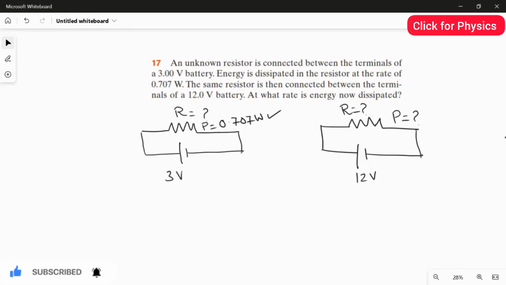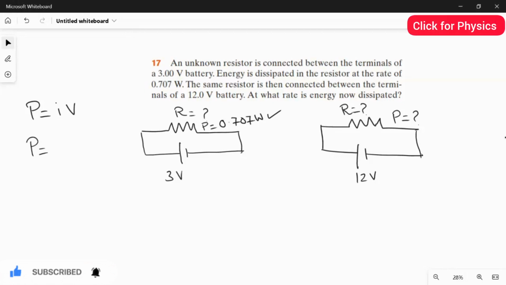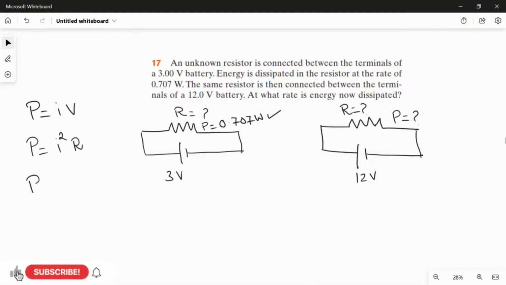Here we are going to use the formulas for power. In the theory, we studied three formulas for the power. What are they? Power P is equal to current multiplied by voltage, P is equal to current squared multiplied by resistance, and the third formula is power P equal to voltage squared, V squared, over the resistance value.